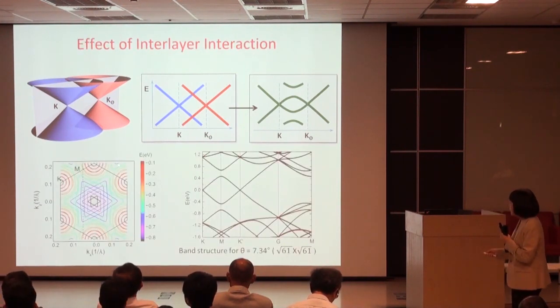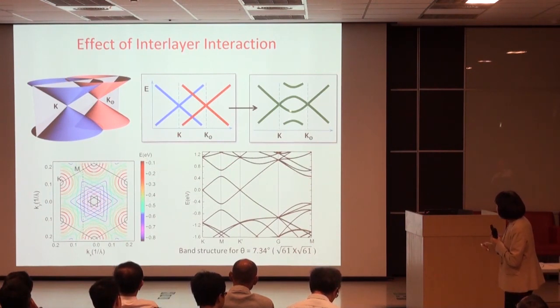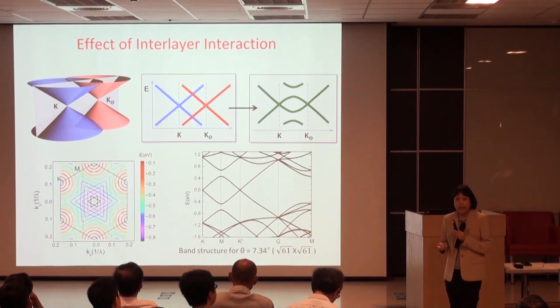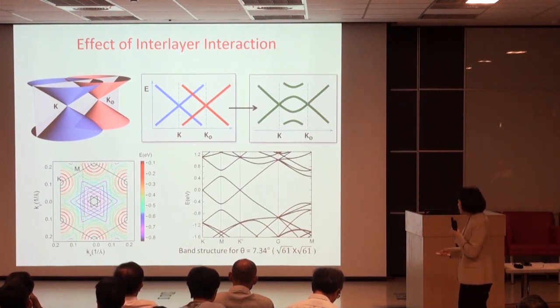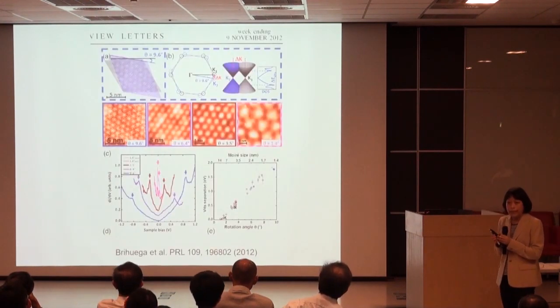But in the real calculation, we put everything in, and then we really see that this schematic picture is correct, and it turns out that this is a saddle point in two dimensions, which will have a very high density of states, and this could be verified by experiment.